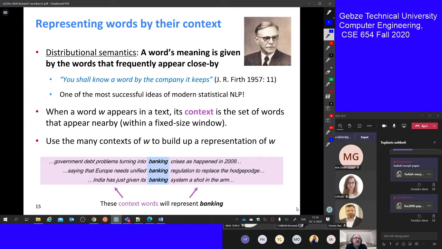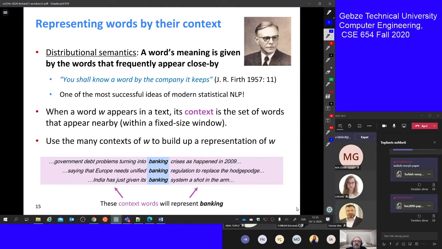Okay, so we said that with distributional semantics, the important thing was to find the distribution of all the words that appear together. For example, take this word banking and find all the words in our corpora that appear with banking, and try to find a formalism that explains this in terms of probabilities.